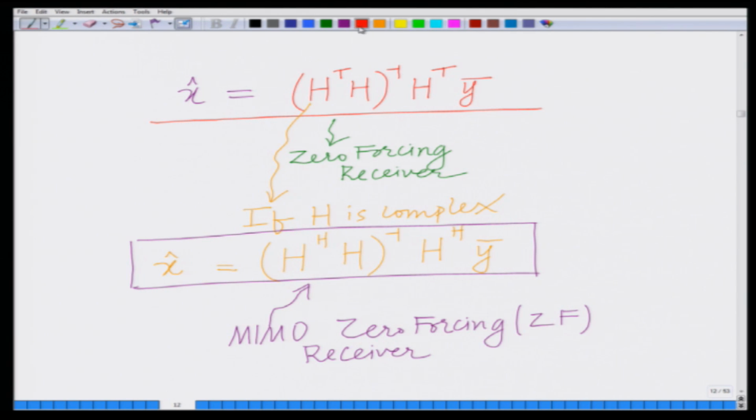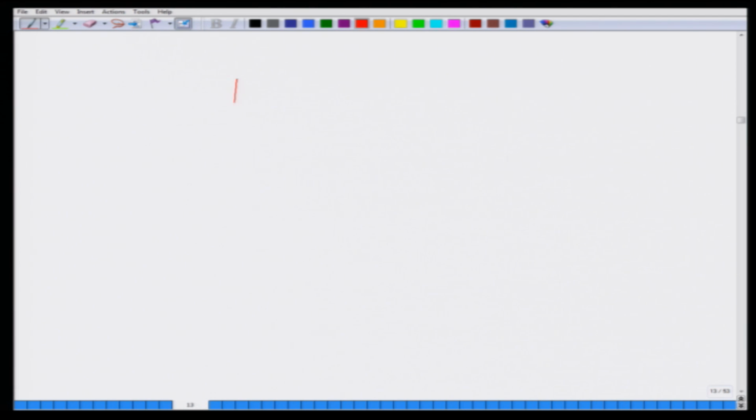Let us take a look at the quantity H Hermitian H inverse. Now, if H is R cross T, H Hermitian is T cross R. So, H Hermitian H is the product of a T cross R matrix and an R cross T matrix, which is a T cross T matrix.